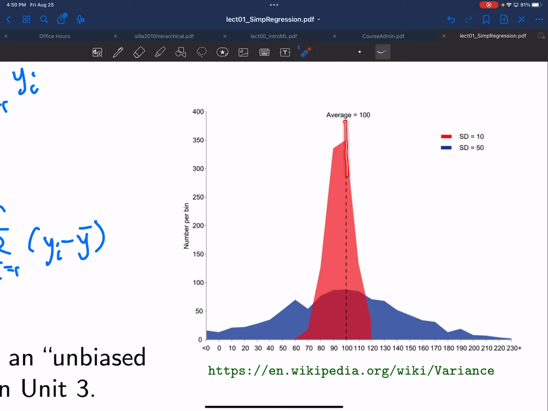It looks a little bit skewed, but basically the sample mean is like the center of this, and the sample standard deviation is going to be the width of this. The blue one and the red one here have the same mean, but the standard deviation of the blue is much bigger than the standard deviation of the red.